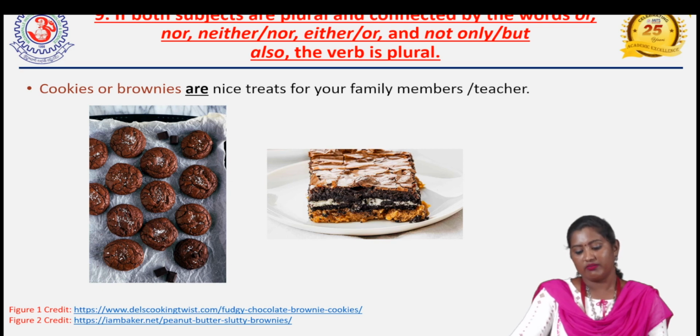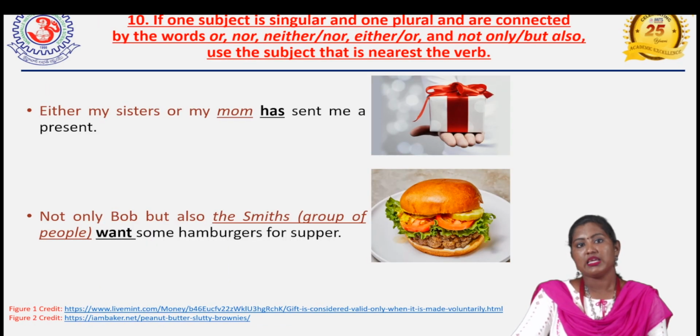Next rule. We'll focus on the next rule. If one subject is singular and one plural and they are connected by the words or, nor, neither nor, either or, or not only but also, use the subject that is nearest the verb.